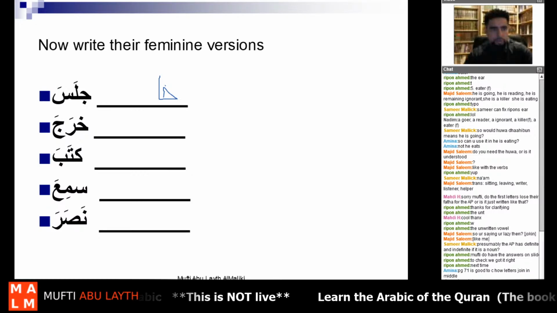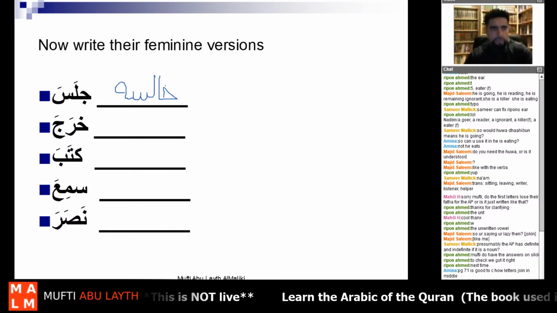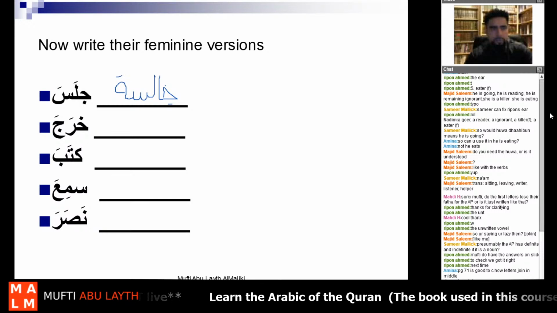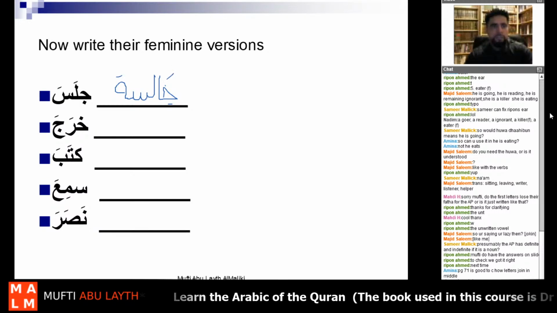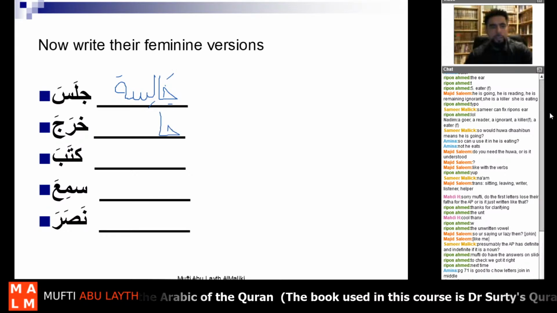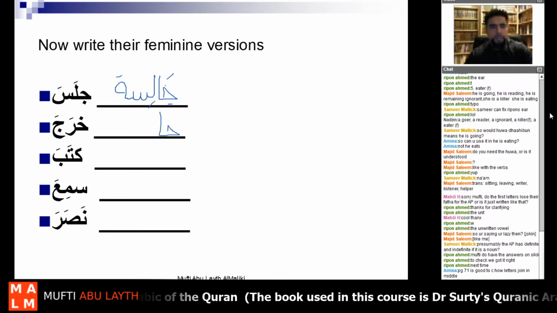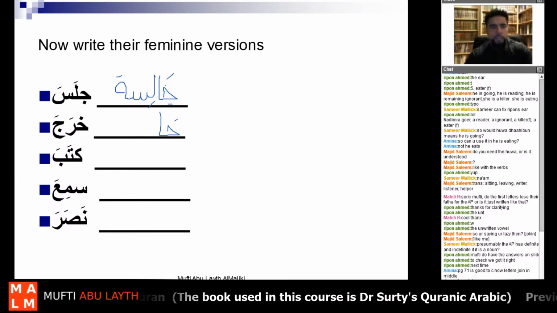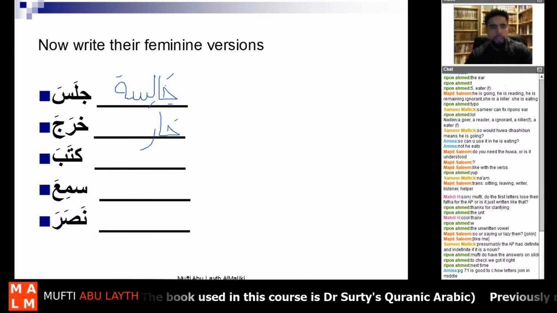Jalisatun. Okay, because we're doing the feminine here. So jalisatun, okay? Likewise, kharijatun. And note how the letters sit on top of the line, and some of them hang below, like the ra.